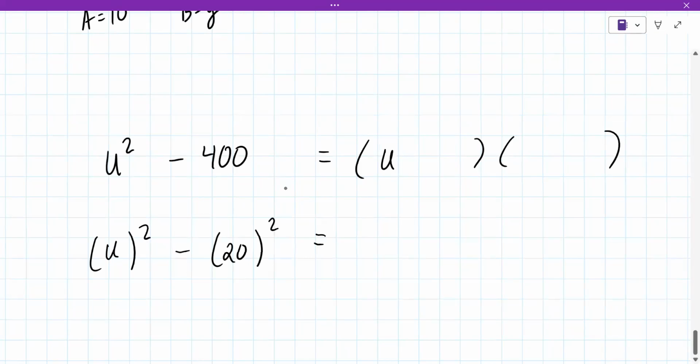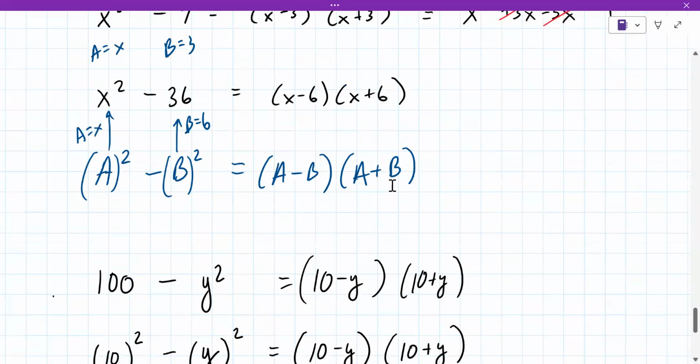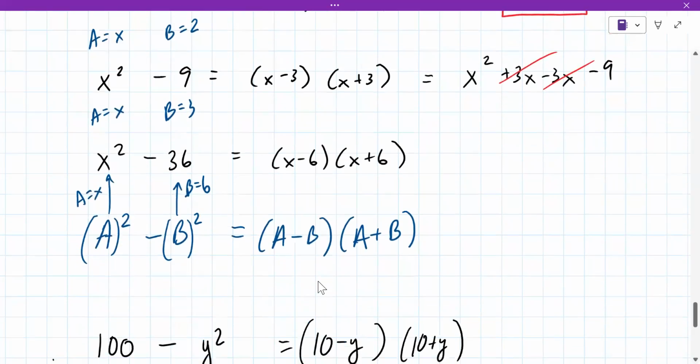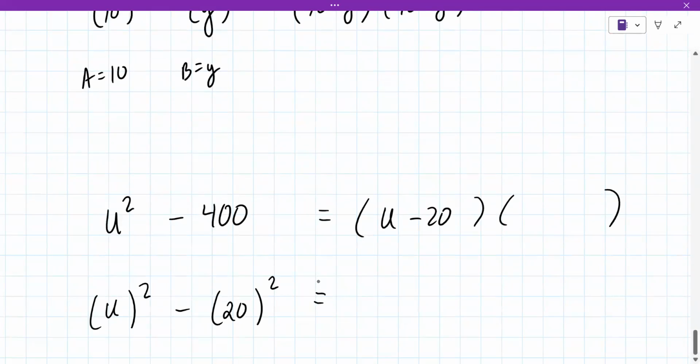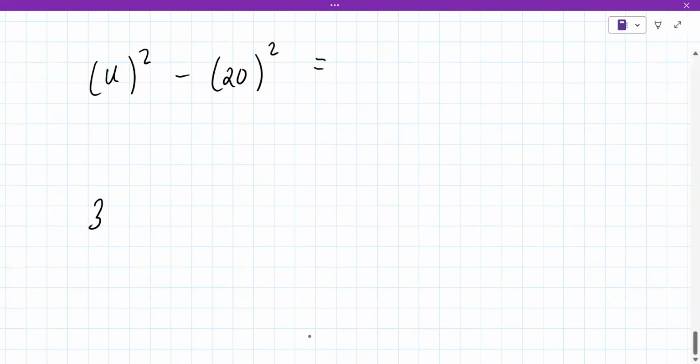U minus 20 squared, u plus 20. And then the square is on the outside, right? Well, take a look. Do I have any squares on the outside? No, sorry. U minus 20, u plus 20. Very good.